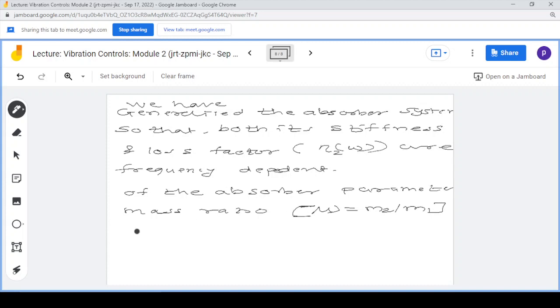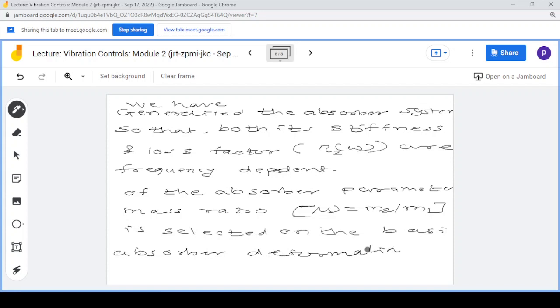The mass ratio is selected on the basis that the absorber deformation does not exceed the acceptable limit.